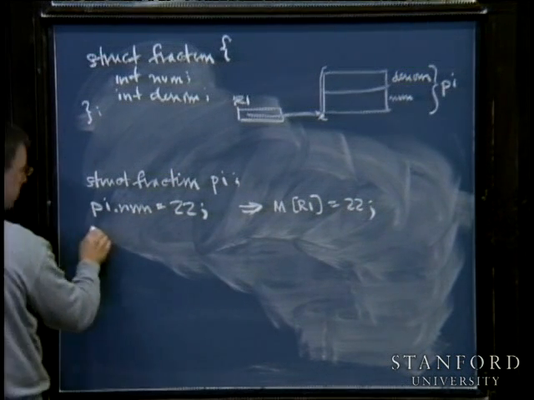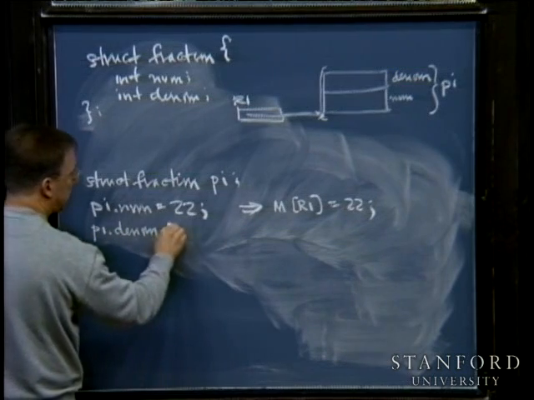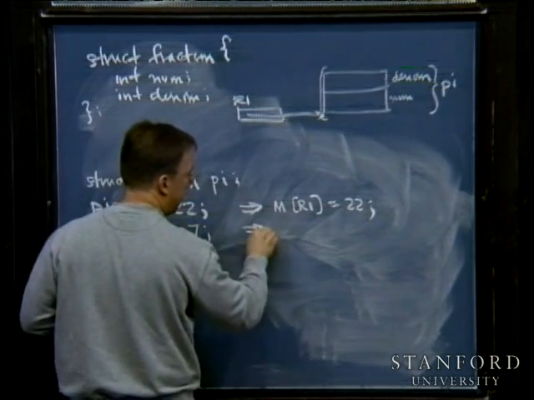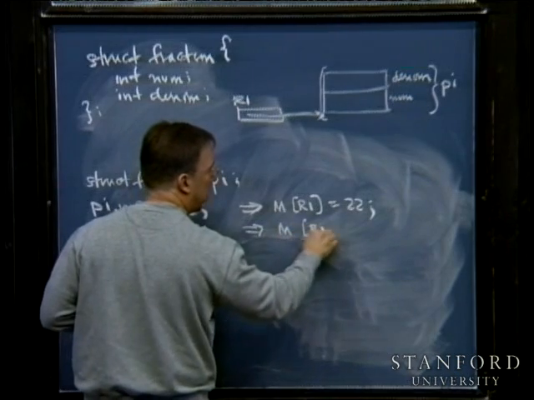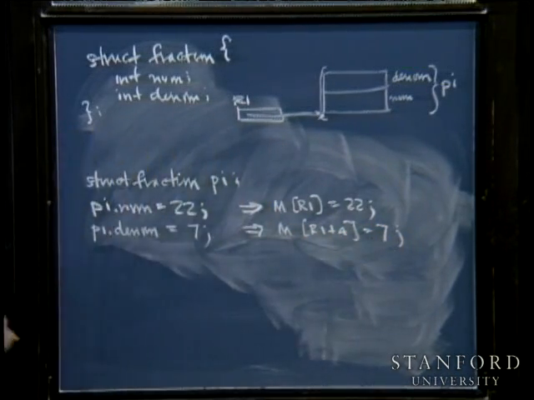If I do this, pi.denom is equal to 7, I get M of R1 plus 4 is equal to 7. That's easy except for the fact that you're dealing with structs, and you have to understand that the assignments have sort of forgotten about the structs, and they just are really updating individual integers inside the struct.